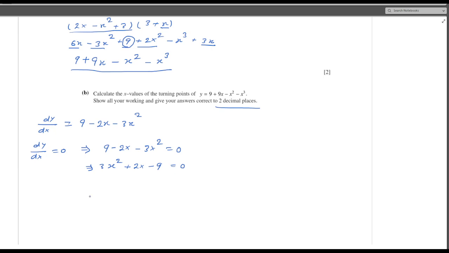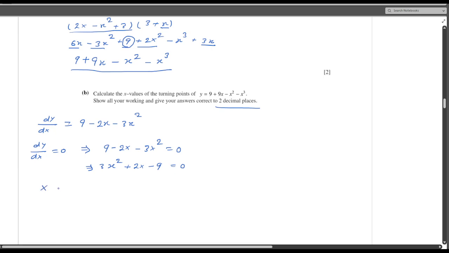You remember the formula method. This is a quadratic equation, so x is equal to minus b plus or minus the square root of b square minus 4ac, divided by 2 times a. Here a is the coefficient of x square, which is 3, b is the coefficient of x, which is 2, and c is the constant, which is minus 9.